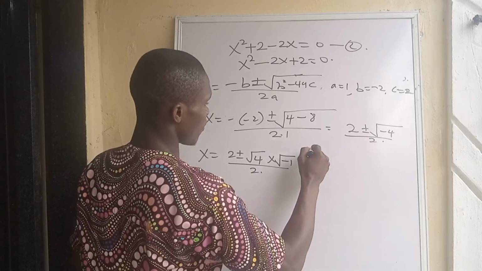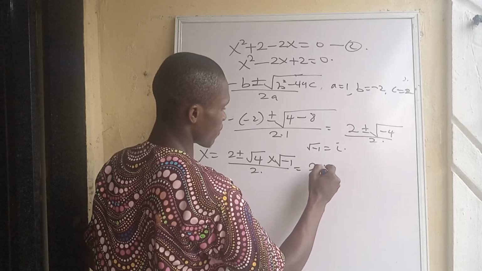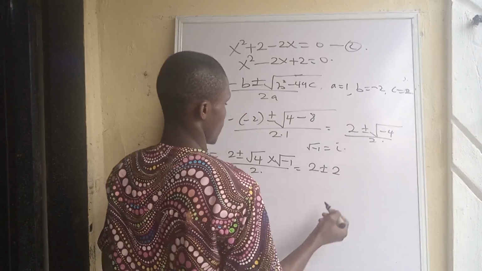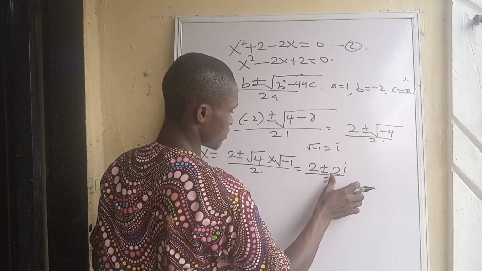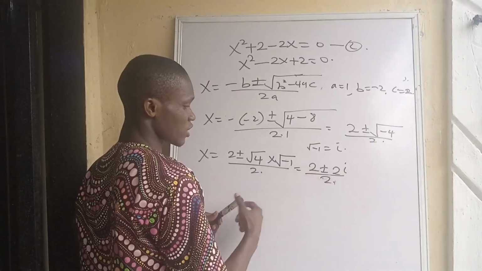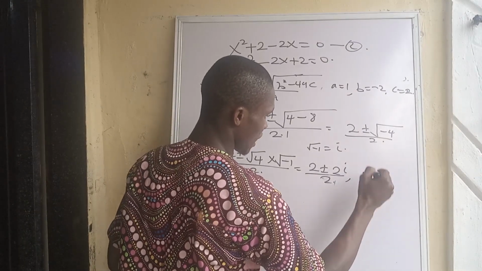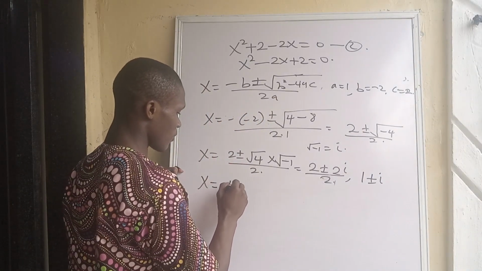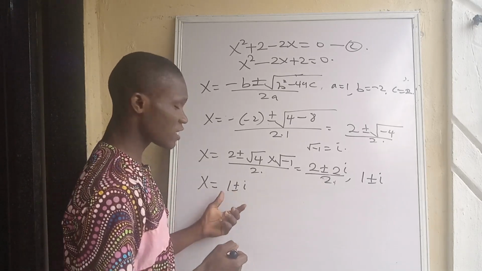And we said the square root of minus 1 is equal to i, and the square root of 4 is 2. So x is equal to 2 plus or minus 2 times i, all over 2. Since 2 is common, our new equation gives us 1 plus or minus i. Then x is equal to 1 plus or minus i, and since we have plus or minus, in other words, there are 2 values here.